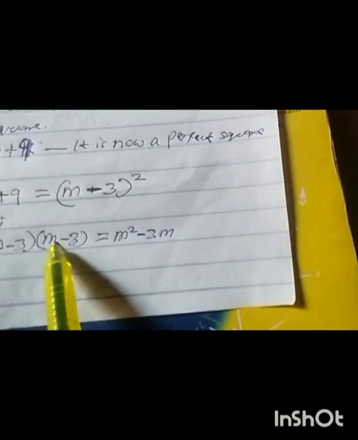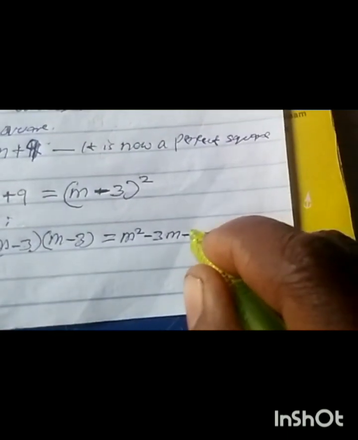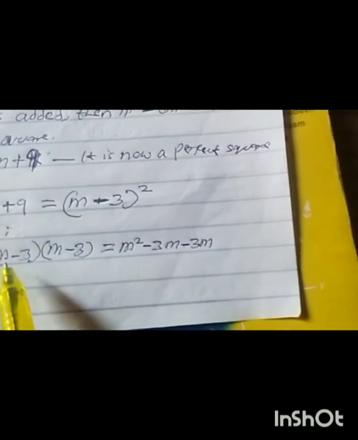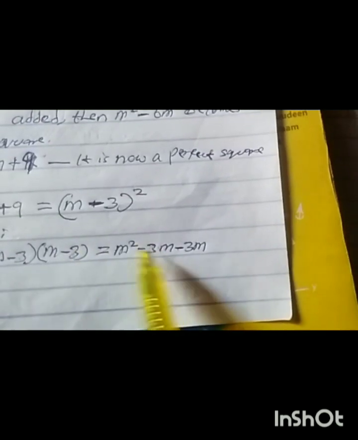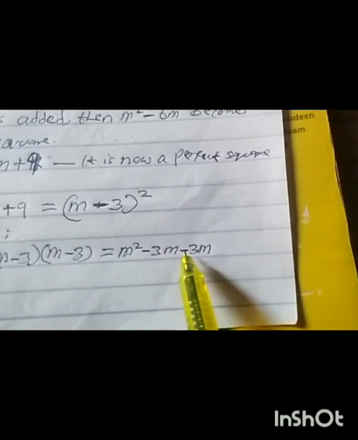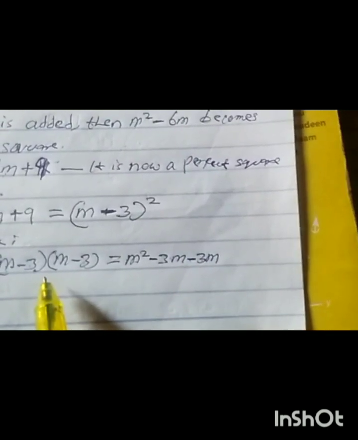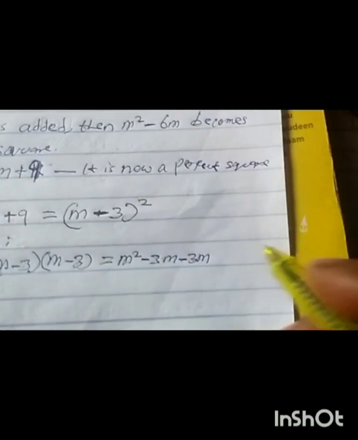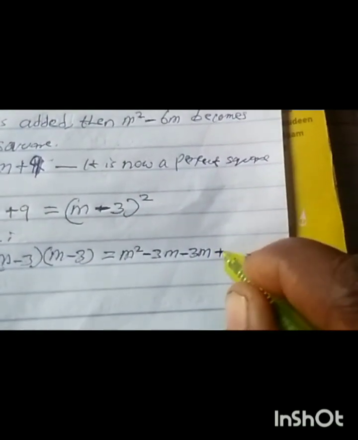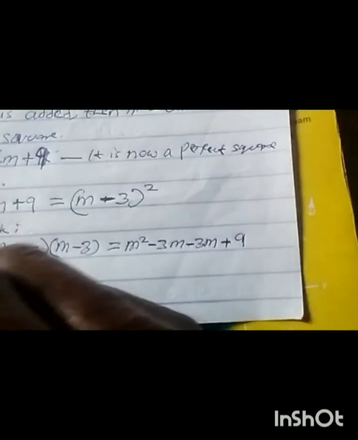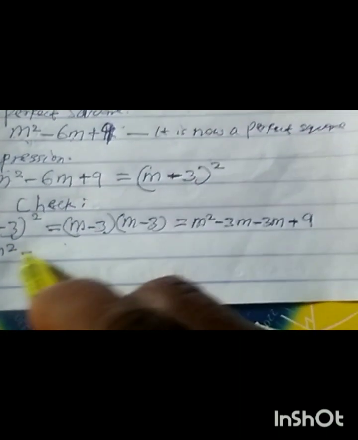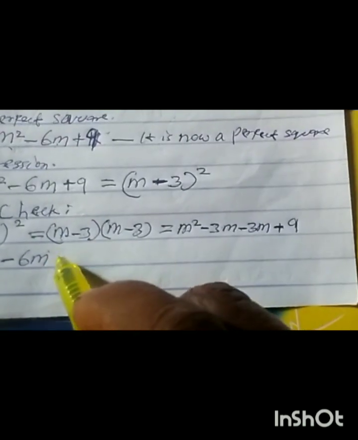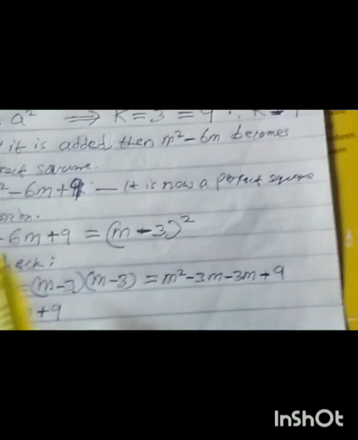Then minus 3 times m gives us minus 3m again. Are you seeing it? Then minus 3 times minus 3 gives us plus 9. Now this is equal to m squared minus 6m plus 9.